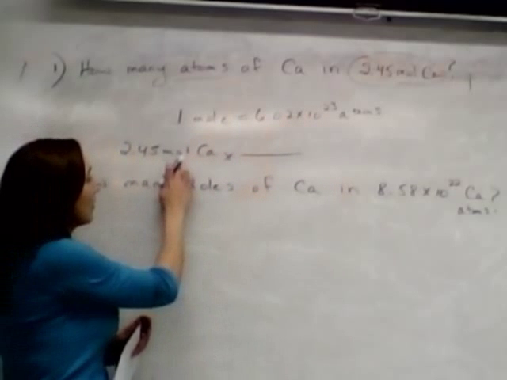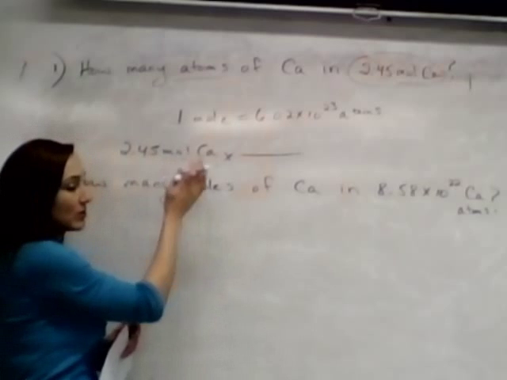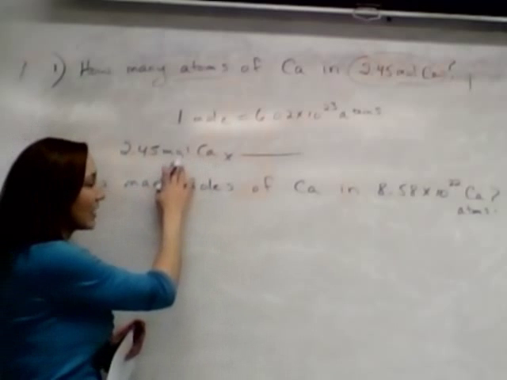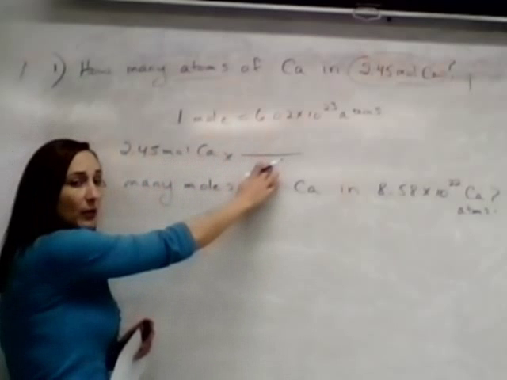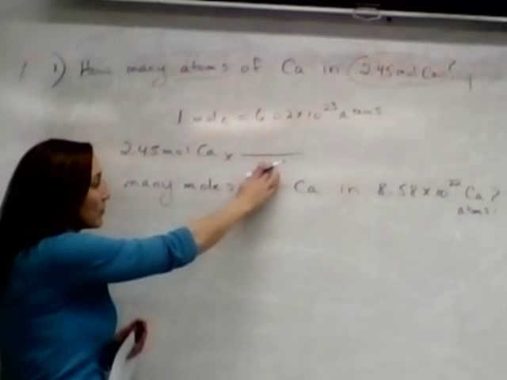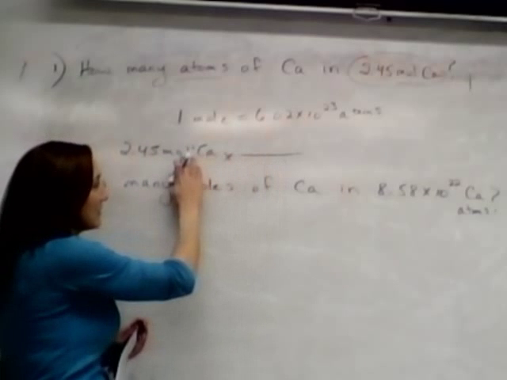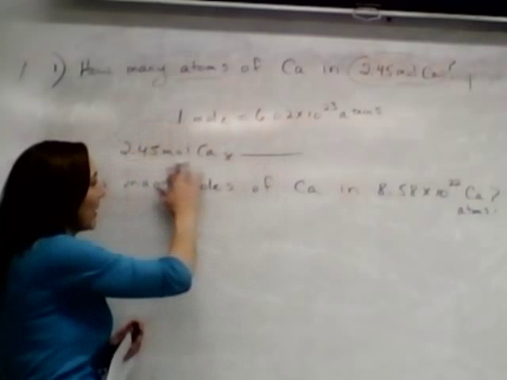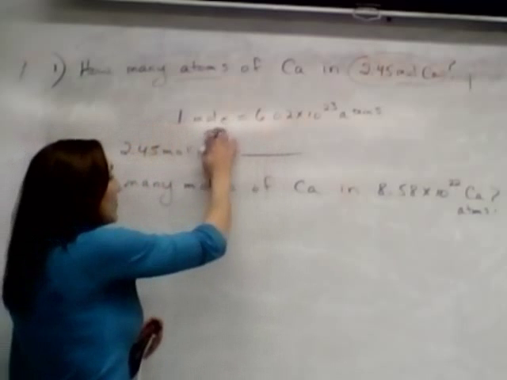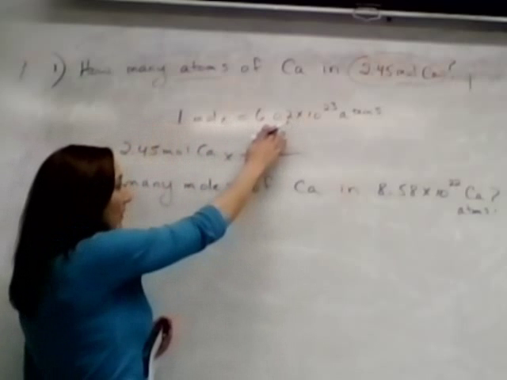Same idea, we want the mole unit to cancel out, just like we talked about before. If I want that unit to cancel out, whatever goes on the bottom of my conversion factor should have a matching unit. So the original number from the problem out in front, and then these two numbers, one over the other, go in here.